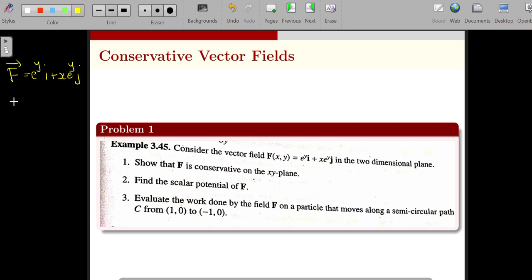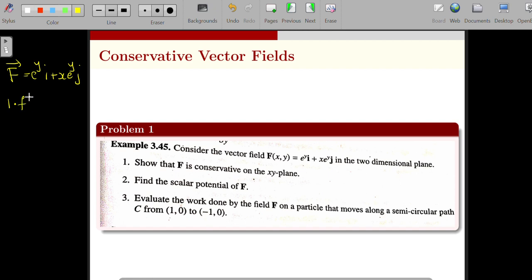In the first question, you have to check whether the given vector field f is conservative or not. It is on the xy plane, and here you are given a two-dimensional vector field. Since the entire xy plane is an open, simply connected domain, we need only to check whether dou f by dou y is equal to dou g by dou x or not.